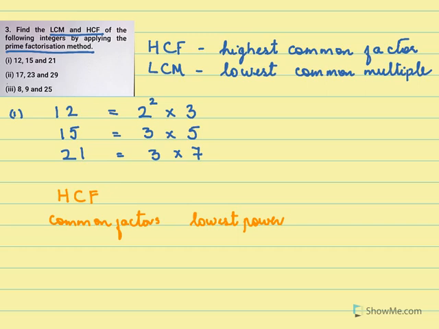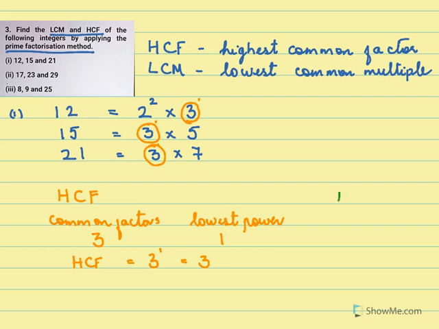If you look up here, which are the common factors? There is 3 here in 12, there is 3 in 15, and there is 3 in 21. So there is 3. And the lowest power, this is 3 raised to 1, 3 raised to 1, 3 raised to 1. The lowest power is 1. There is no other common factor. So the HCF will be 3 raised to 1, and that is 3.